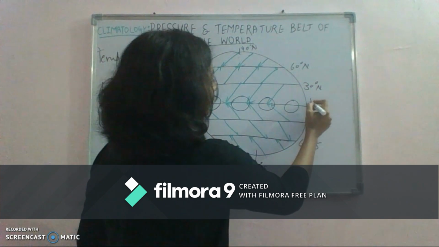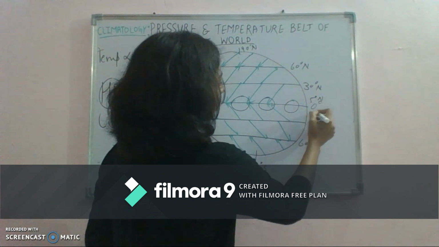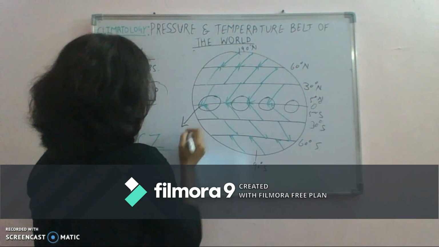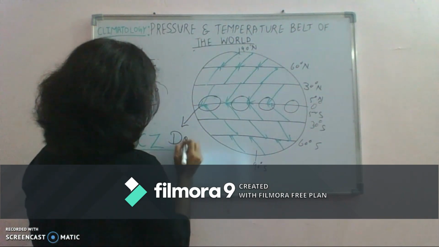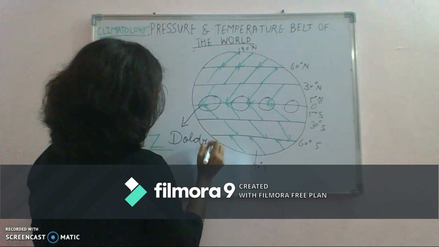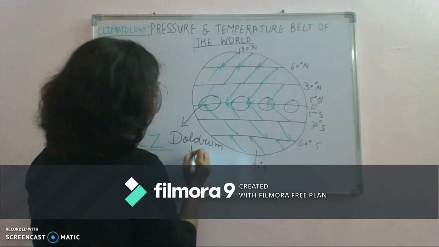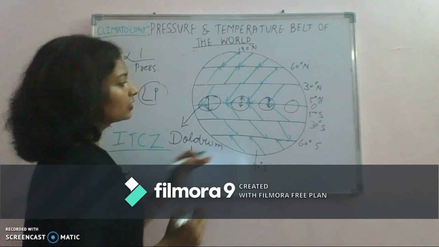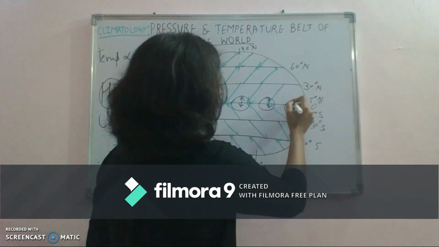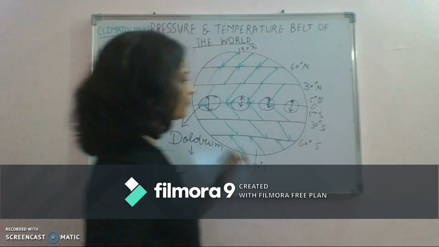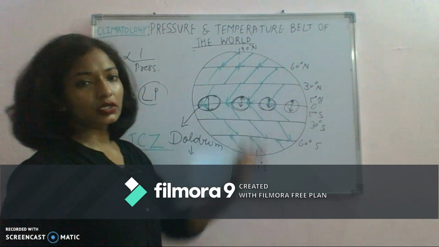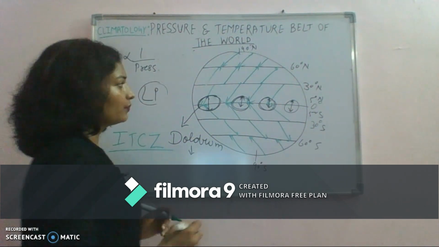Here 5 degrees north and 5 degrees south is considered the doldrums. Why is this region called the doldrums? Because the air is light as well as feeble. This doldrum zone is not continuous and stable.